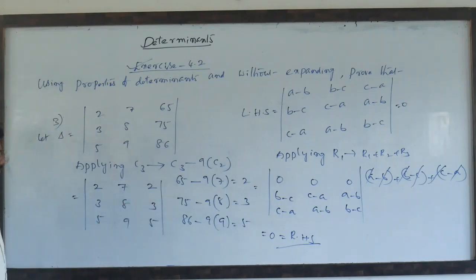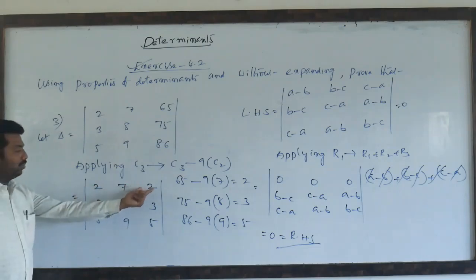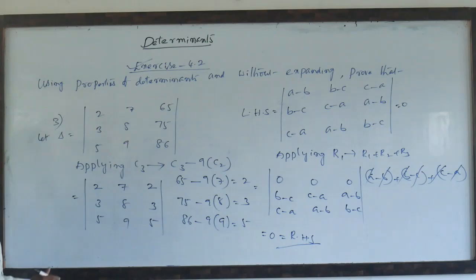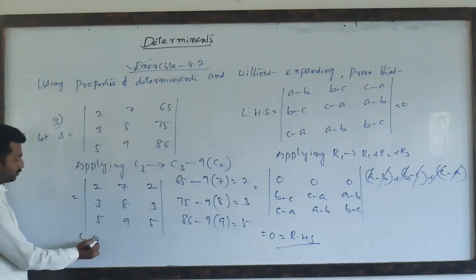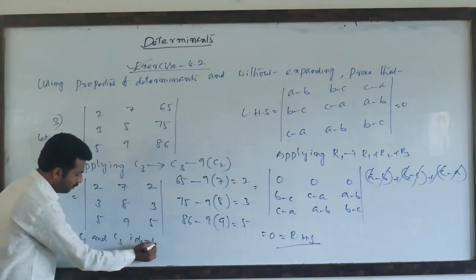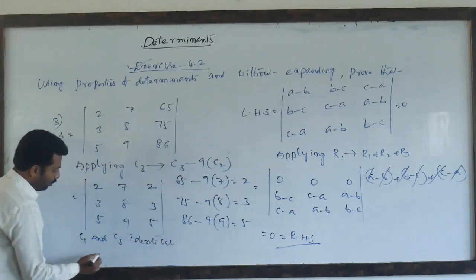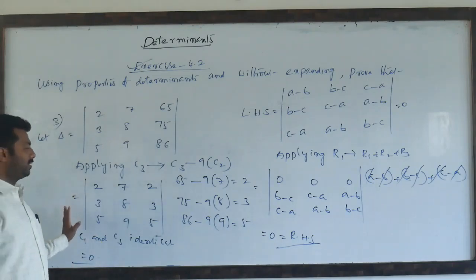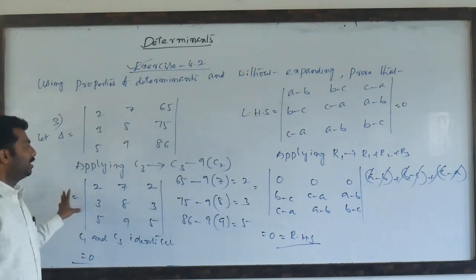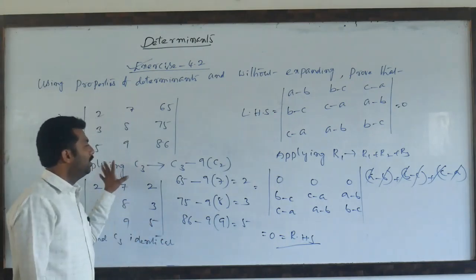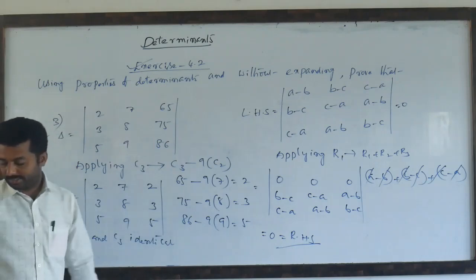Now you have the idea: 2, 2; 3, 3; 5, 5. C1 and C3 are identical, so the value of the determinant becomes 0. Only a one-step answer. Sometimes they will ask a 1 mark question or a 2 marks question, so you have to answer like this.